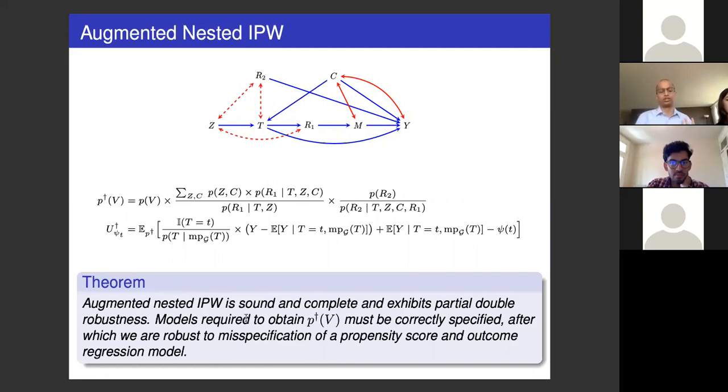The models that you require in order to obtain P dagger V must be correctly specified. But after that, you're robust to misspecification of the propensity score or the outcome regression once you have P dagger V. This is cool because every time your target is identified, we can always guarantee you at least a partially doubly robust estimator, even if the treatment is not a-fixable or p-fixable.